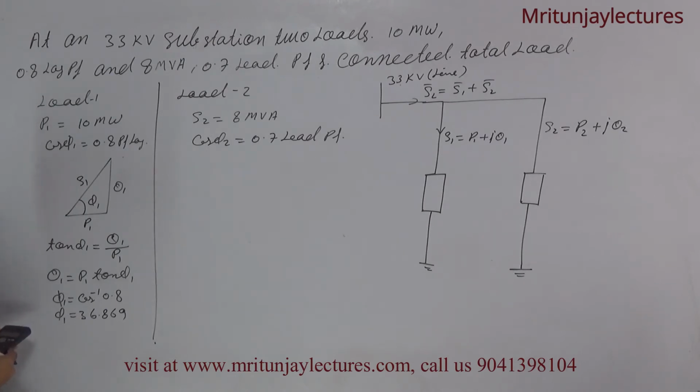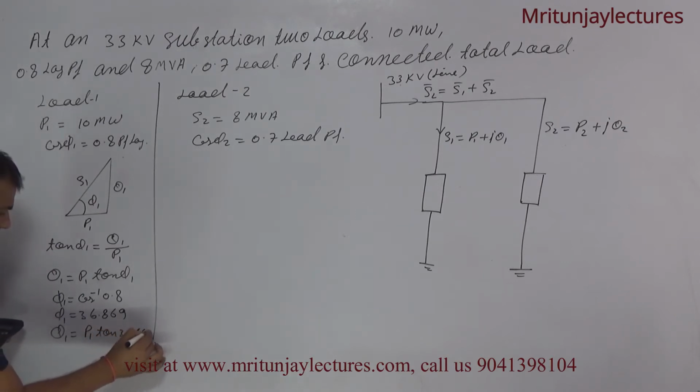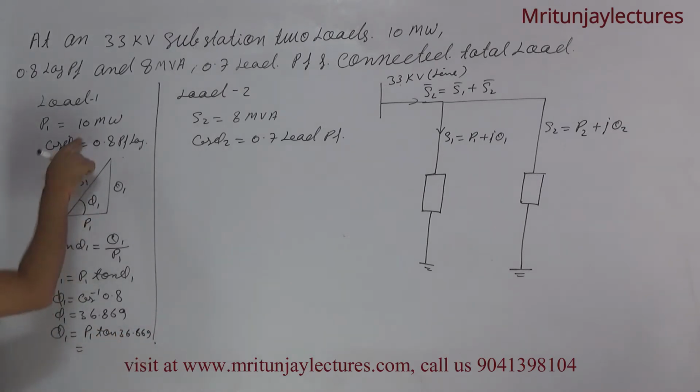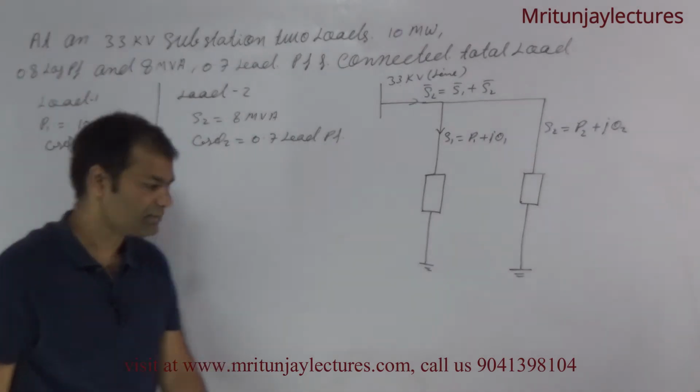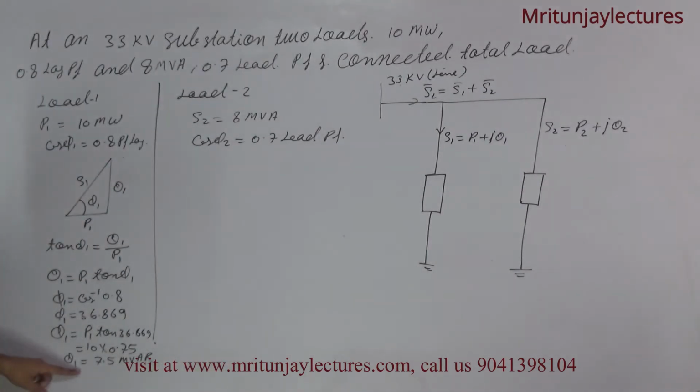Tan 36.9 is 0.75. Q1 is equal to P1 into tan 36.869. P1 is 10 and this is 0.75, so it is 7.5 MVAR. That is Q1.